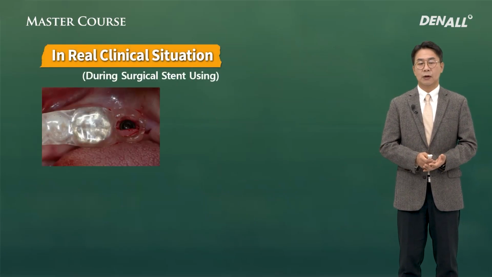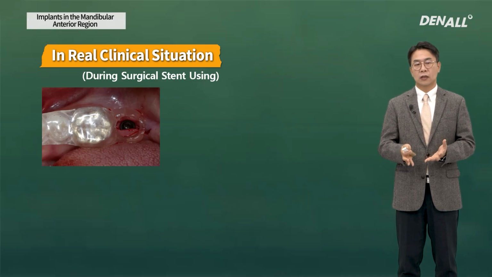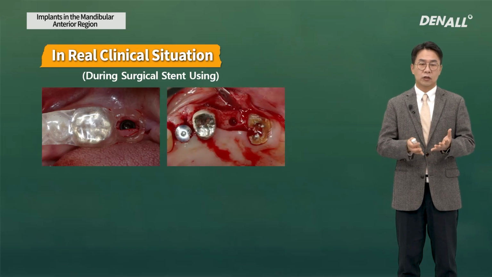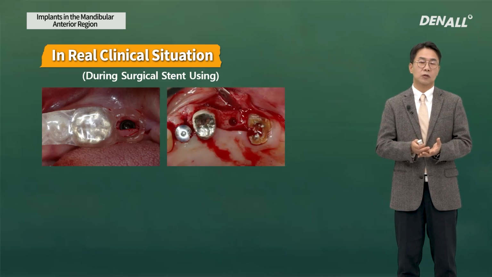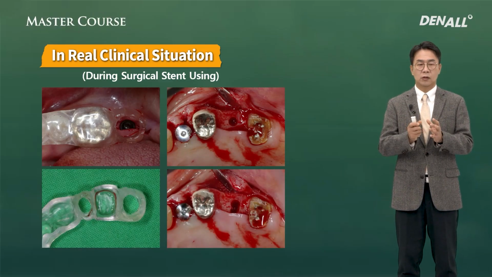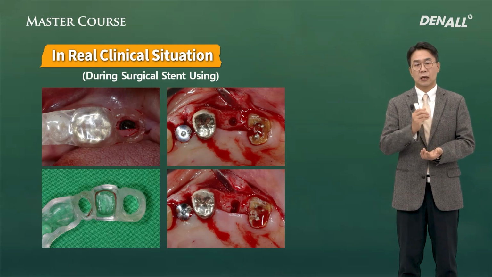This is not a mandibular anterior region. In the mandible, a surgical stent hole is made accurately, and you can see the position can be changed if the hole is wide. The exact point in the surgical stent may not be at the accurate position that we want.